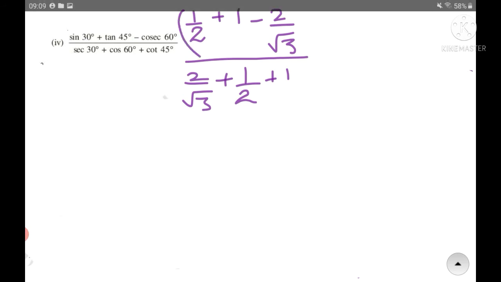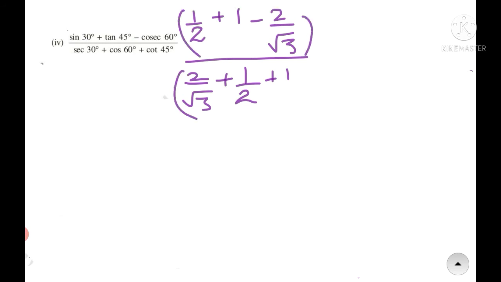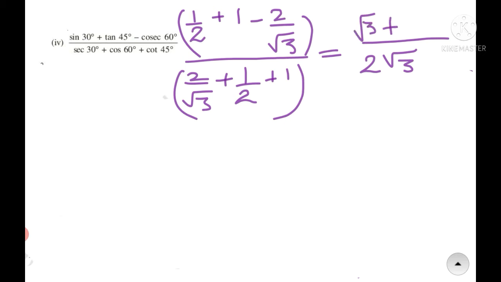Again, let us separate the numerator and denominator using brackets. And let's take LCM in both numerators and denominators. In the numerator, LCM will be 2 root 3. Now 1 will be multiplied with root 3, plus this one is going to be multiplied with both, that is 2 root 3, and minus 2 is going to be multiplied with 2. So I get minus 4.